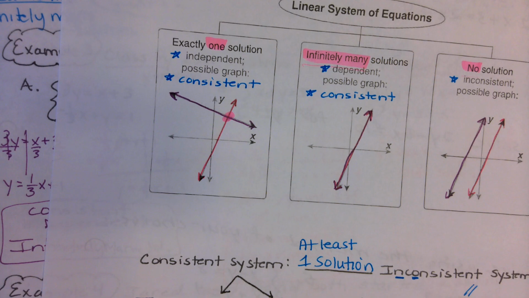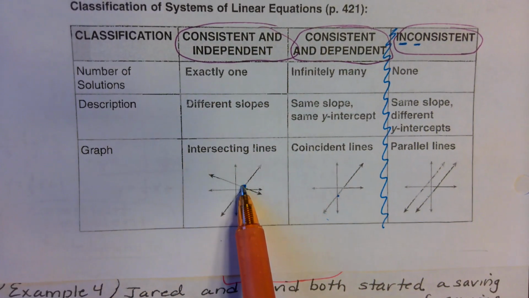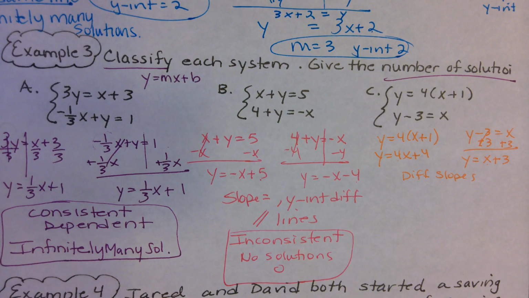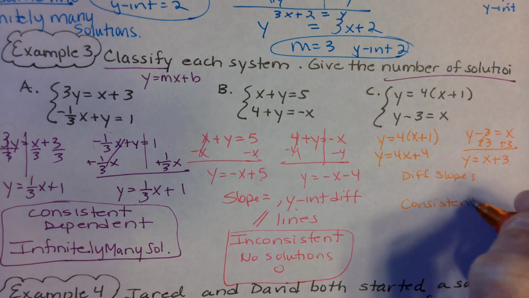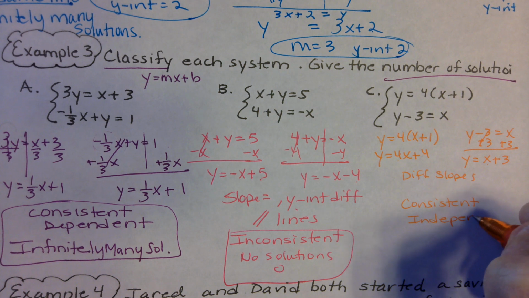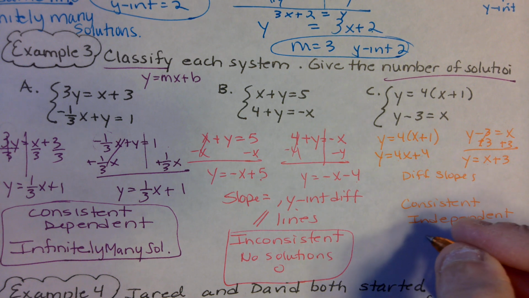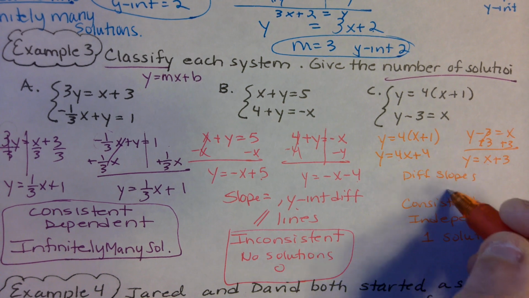So it's going to be this bottom one here where they intersect once, and consistent and independent. It's hard to remember these, so for now just use your sheet to help you. And also, how many solutions was that? Right, one solution.